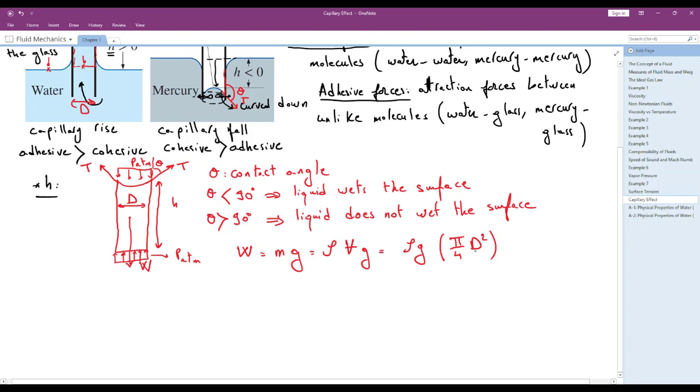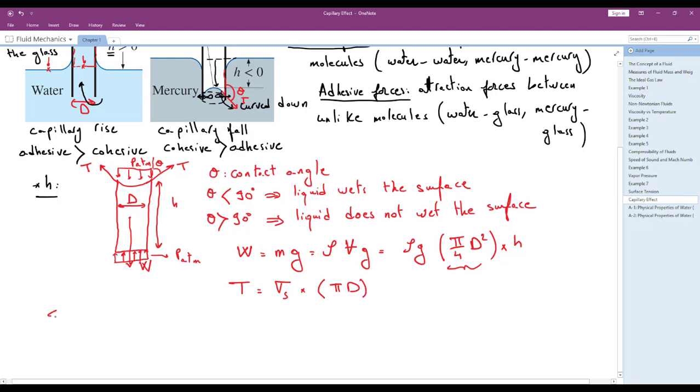And the surface tension force T is just sigma times the perimeter of the free surface, which can be approximated as pi times d.